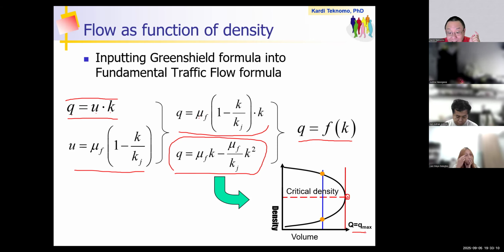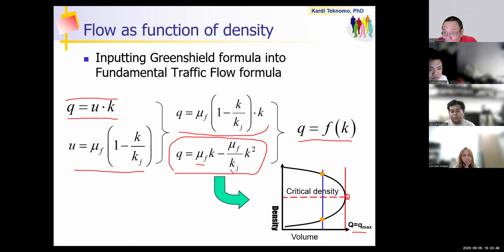This maximum volume is the capacity of the road. I want to know how to get the capacity of the road. I keep telling you it is around 1,500 to 2,500, but I want to get it from the data. That means I need to get UF and Kj, and then put them into this model to get the value.